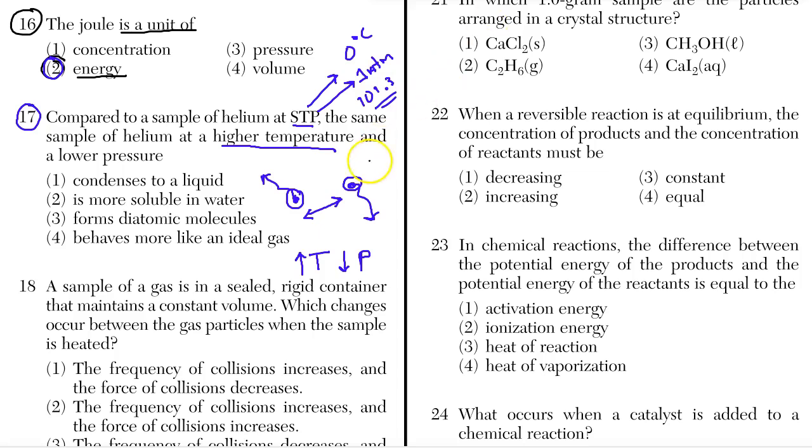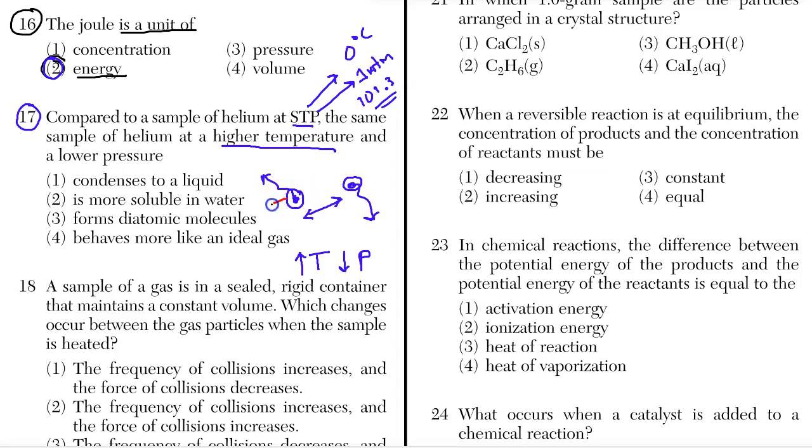Well, if I have other colliding molecules hitting them, they're going to be forced to be closer together. If I decrease the pressure on this gas, there's going to be a greater space between them. Therefore, we're going to have less of those other colliding gas molecules, or we could make the container bigger, which allows for more distance between them.